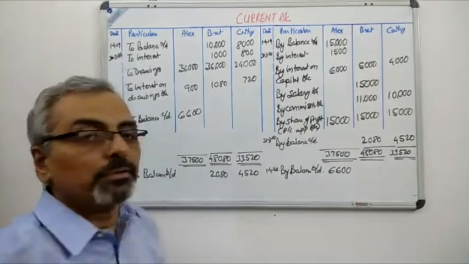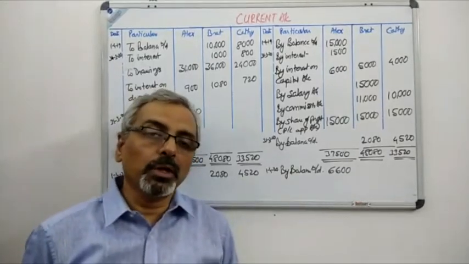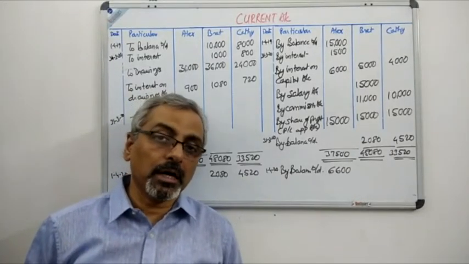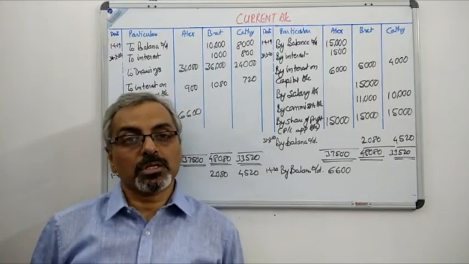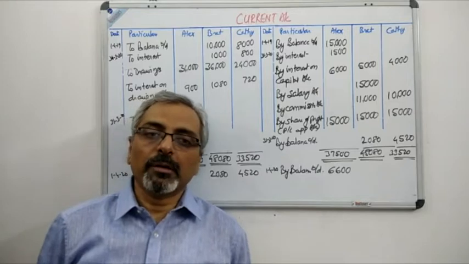After doing all these entries, we have concluded with the preparation of the current account. The question had asked us only to prepare the profit and loss appropriation account and current account. Therefore, we have completed the sum.